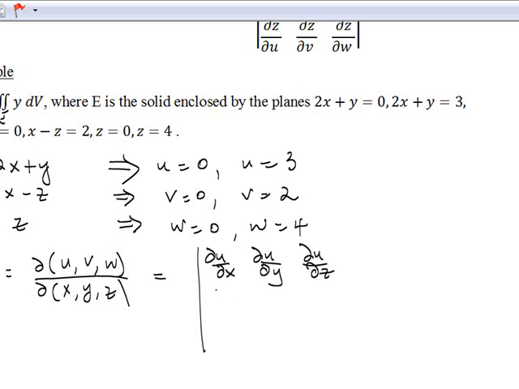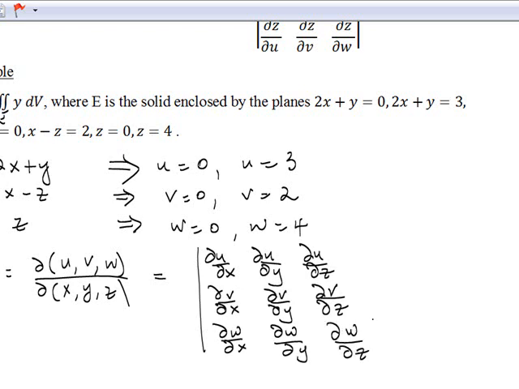Go to the v's, partial x, partial y, partial z, and then partial w, partial x, partial w, partial y, partial w, partial z.